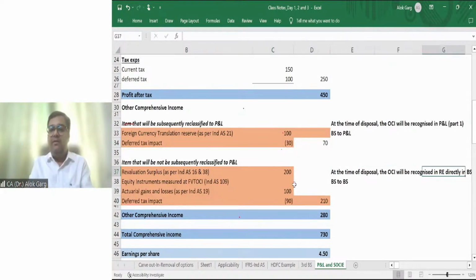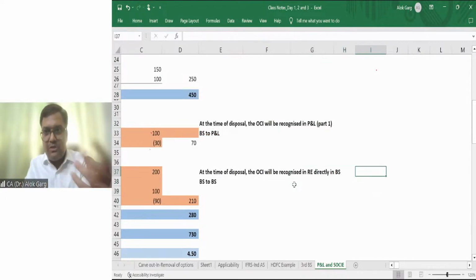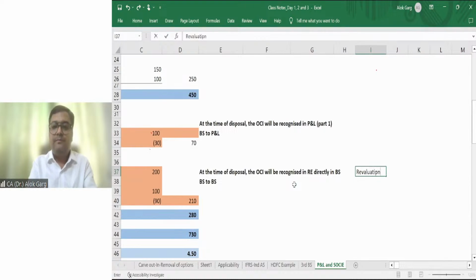So this revaluation surplus OCI reserve, at the time of disposal of the asset, the accounting entry will be: revaluation surplus OCI reserve debit, and retained earnings will be credited.